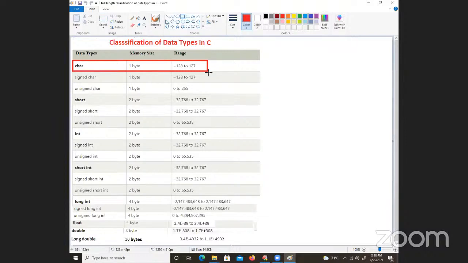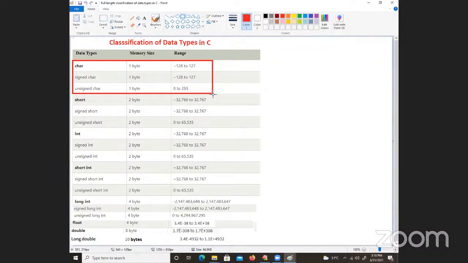And next you see signed char. Char is nothing but signed char, 1 byte only. Just come down to the bottom.